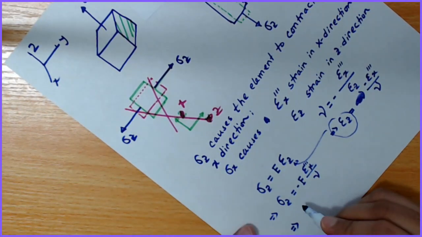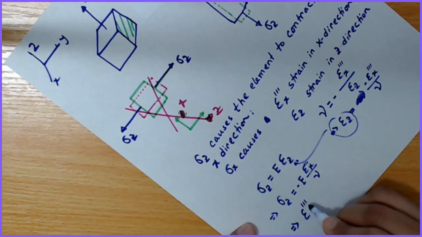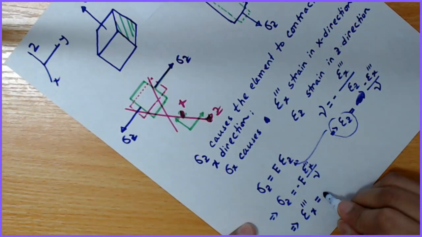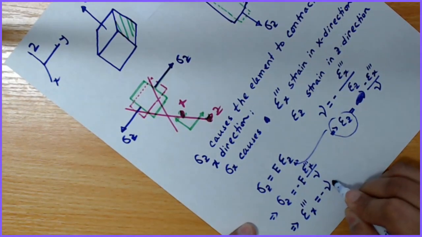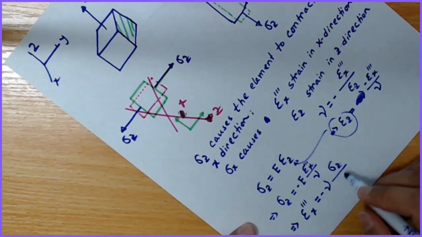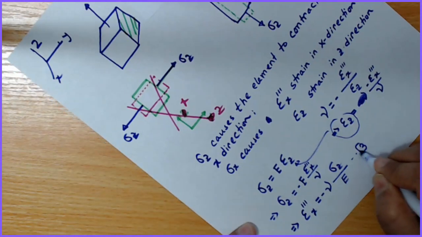If I rearrange this, epsilon triple prime x is minus nu sigma z by E. Okay.